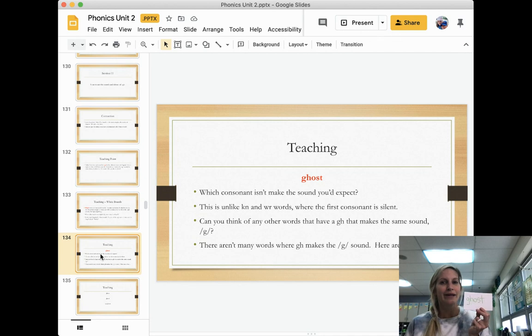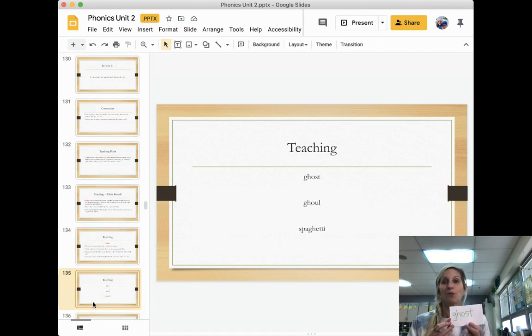This is not quite as common as an IGH for an I sound, but let's think. Here are a few. We have ghost, of course. And then also what reminds me of Halloween too is a ghoul. A ghoul. And that has a GH team. And that has a G sound for your GH.